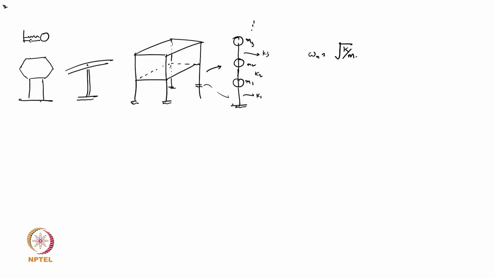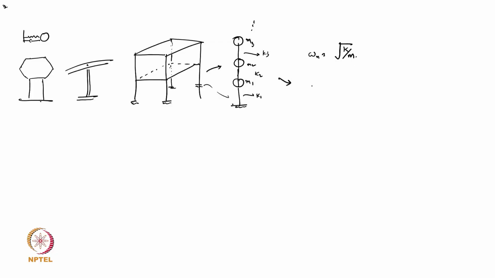Before we go there, the first thing is that we need to write the equation of motion for the multi-degree of freedom system. So let's see how we can create an equation of motion of the multi-degree of freedom system. Let's assume we have a very simple system. I just draw it. This is K1, M1, K2, M2, K3, M3.